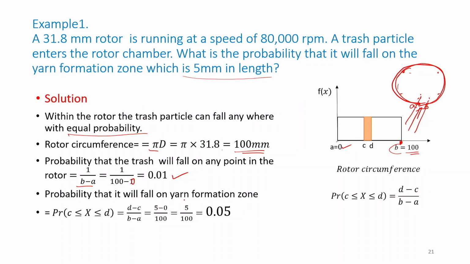So what is the probability that it will fall on the yarn formation zone? The yarn forms within the rotor, and let us say the yarn formation zone length is just 5 mm. So within this rotor, the yarn actually fills up. We call this the yarn formation zone, which is 5 mm.